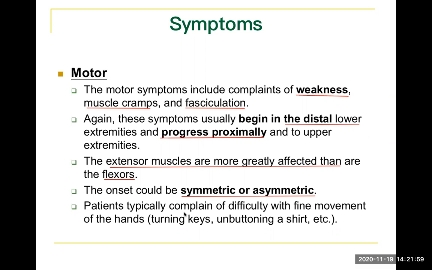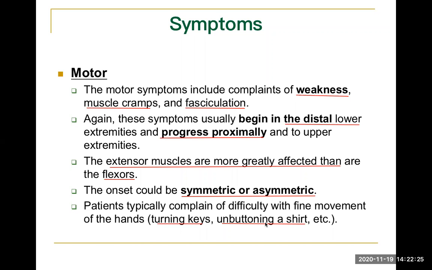Now, when you are taking history, how do you know whether it is proximal muscle involvement or distal muscle involvement? You need to correlate these with some important questions there. If the patient cannot unbutton a shirt, if the patient cannot turn the key, if the patient cannot comb the hair, all of these are important points.